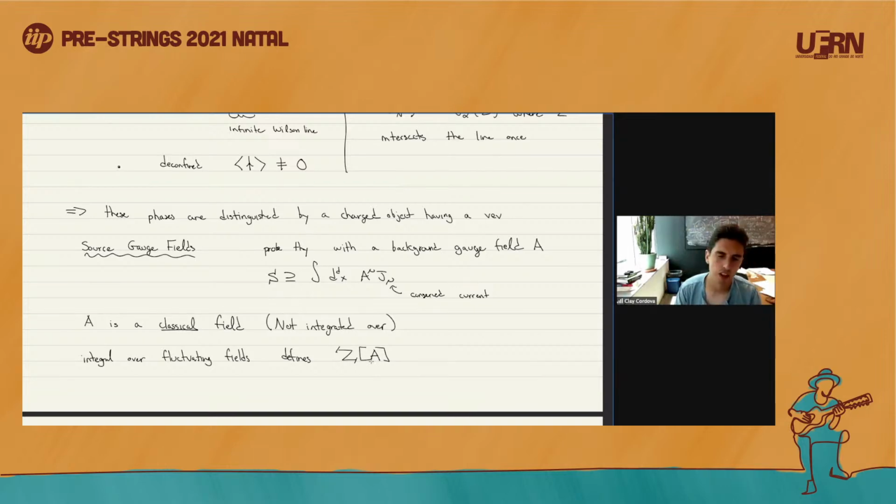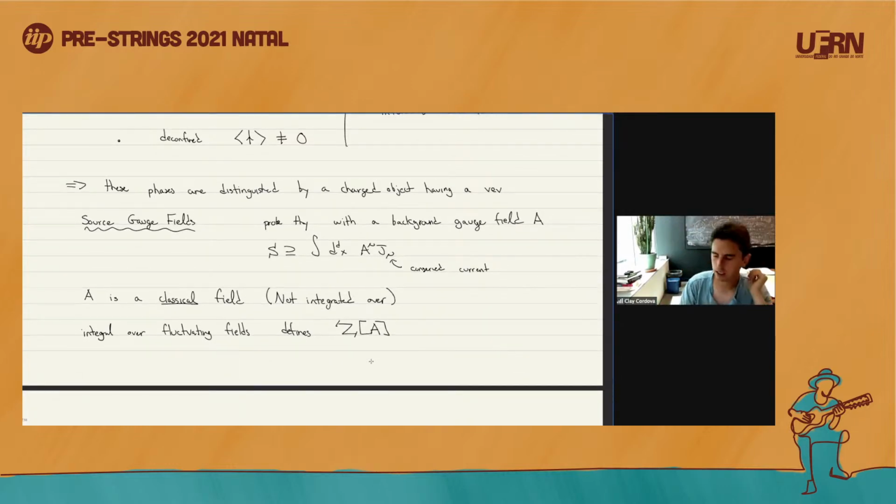And you can think, as you do in your first QFT class, that at least in the first approximation, what this is good for is that it's a generating function of current correlation functions. Okay.